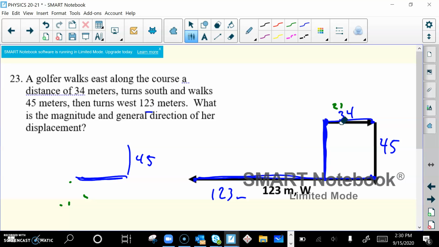So how do you solve for it? 123, you take out those 34 squared. So you do the math to it, you subtract it, but once you get the answer, you square root it. You plug that into the Pythagoras theorem, and you will get your answer.